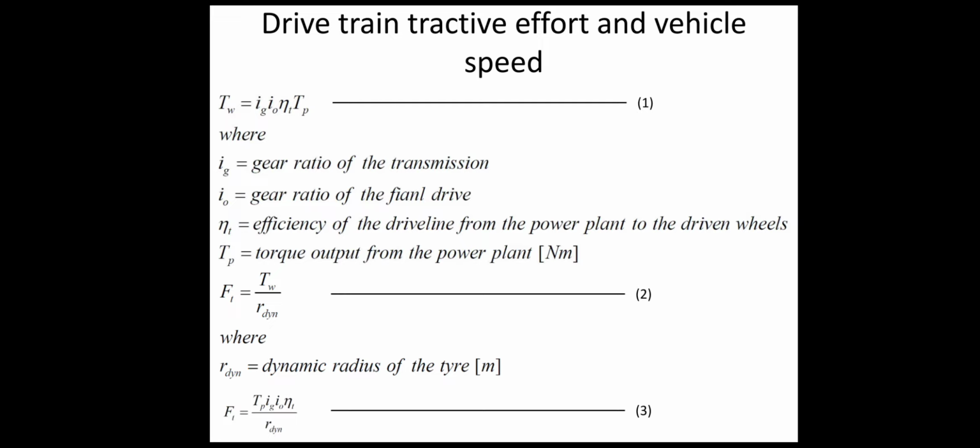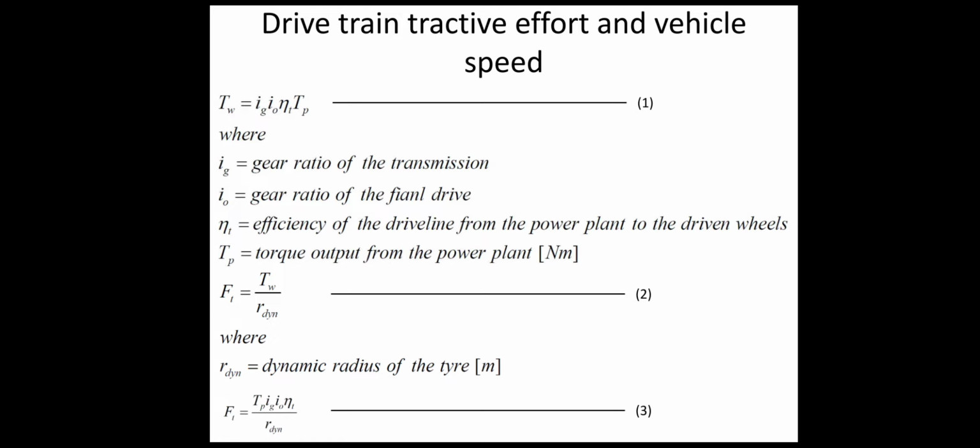The tractive effort on the driven wheels is expressed as Ft is equal to Tw upon R dynamic. What is the R dynamic? That is the dynamic radius of the tire, in m. That is the second equation.